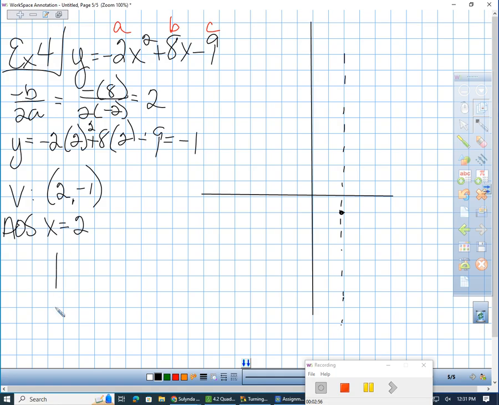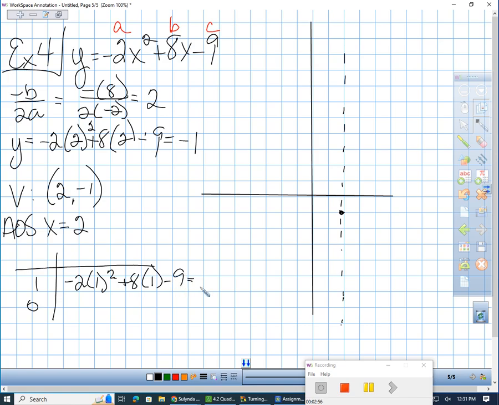I'm going to pick 2 points, so either the right or the left. So either I want 3 and 4, or I want 1 and 0. 1 and 0 sounds like a plan. So I'm going to take 1 and plug it back into my equation. So negative 2 times 1 squared plus 8 times 1 minus 9.